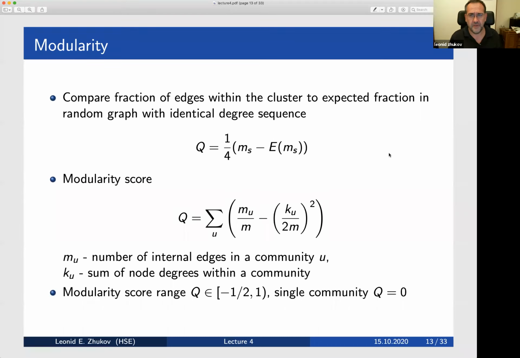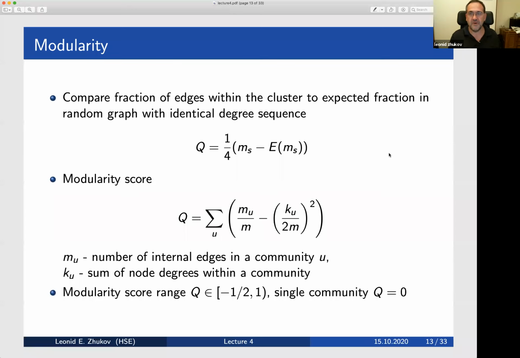Modularity says the following: don't compare the density within your cluster to the density of edges in the graph. Instead, let's compare the density within the cluster, among the nodes you look into, with the expected density if the graph was random.